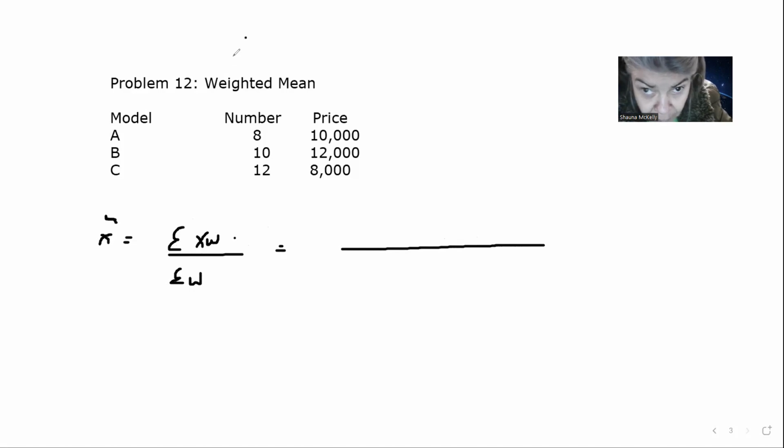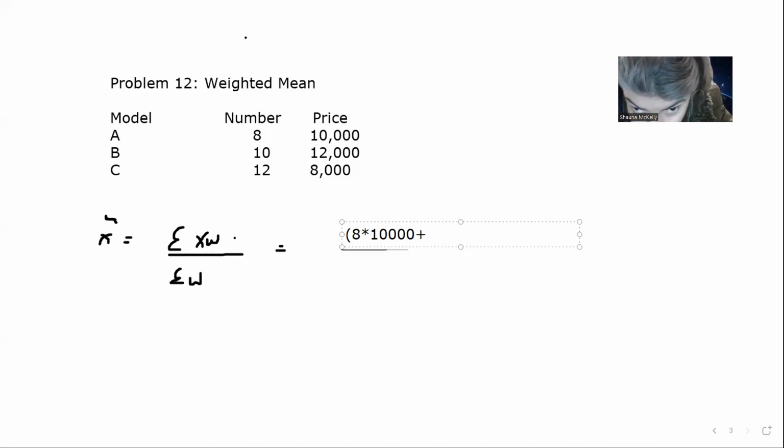So here, what my calculation looks like is the following. We have 8 times, I'm going to use the star for times, 8 times 10,000, and I'm going to leave out the commas, plus 10 times 12,000 plus 12 times 8,000.